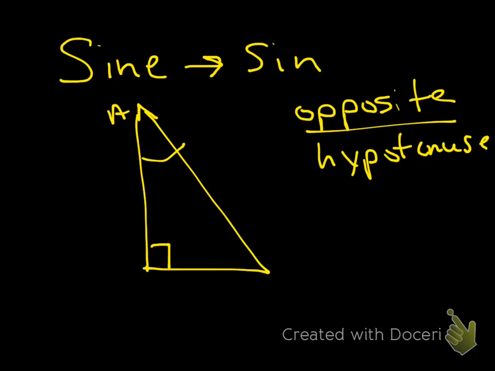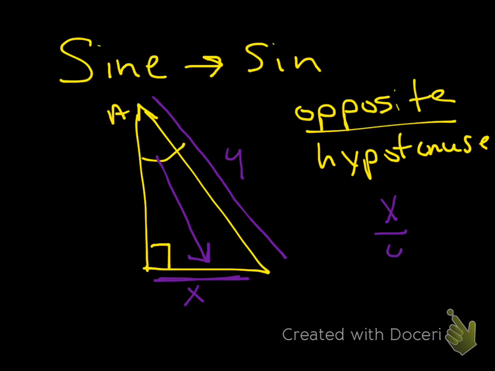This is the opposite side, this one right here, and this one is the hypotenuse. So let's say this is x and that's y. It would be x over y. We'll talk about figuring out what that means. Just know that the sine is the opposite over the hypotenuse.